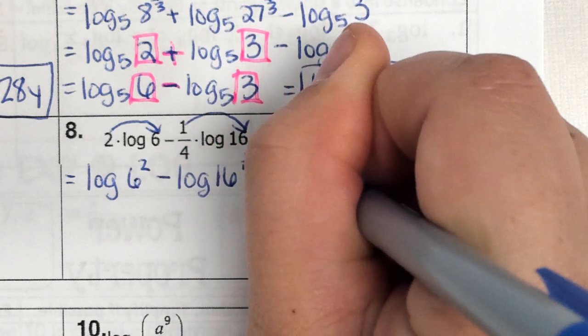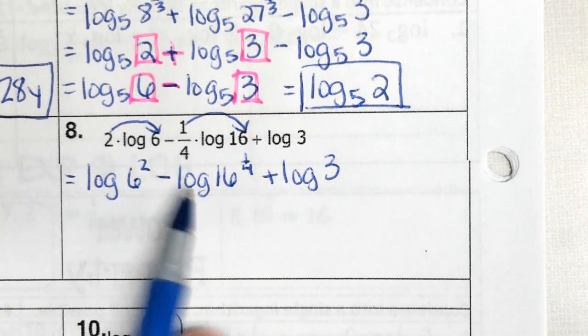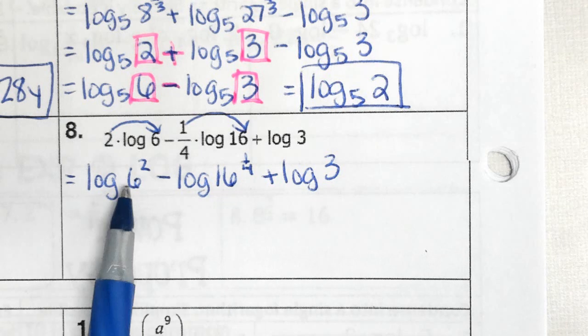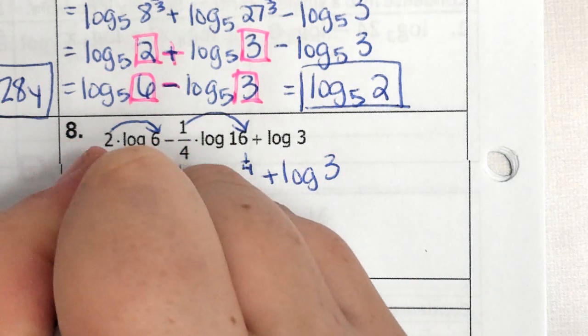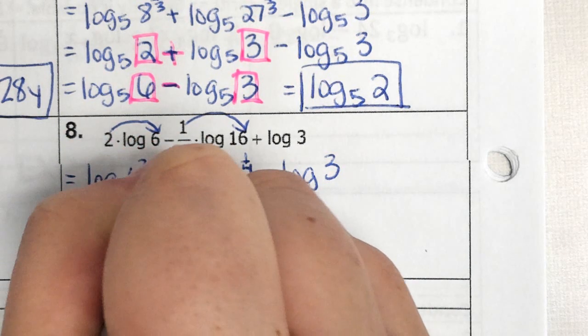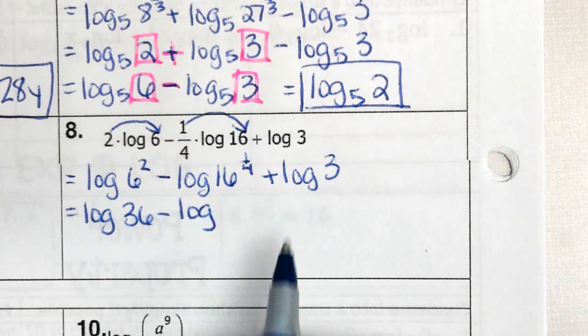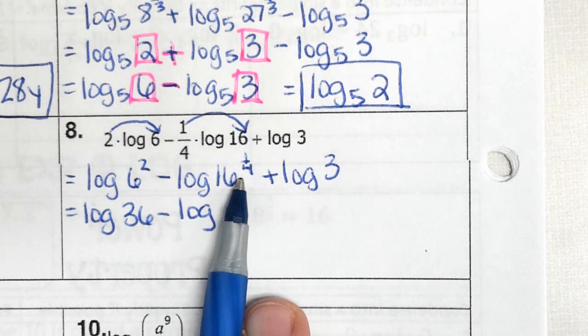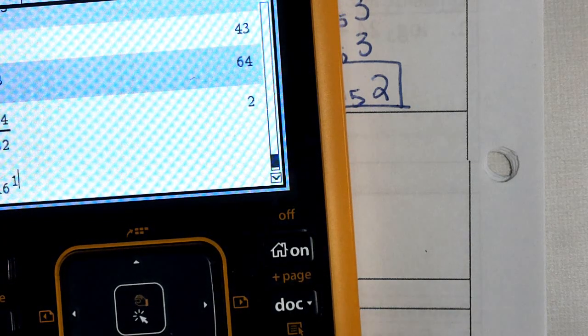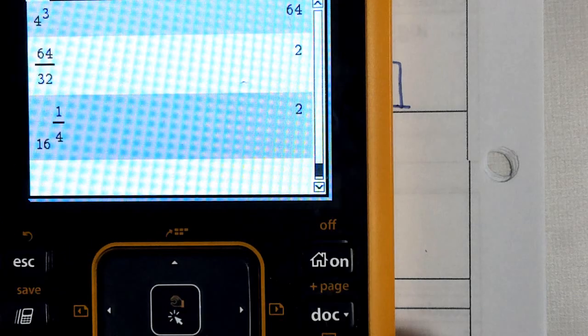plus log of 3. We're going to simplify our arguments. So 6 squared is 36. 16 to the 1/4 is asking you what times itself 4 times gives you 16. Or you can just type in 16 to the power of 1/4 gives you 2.